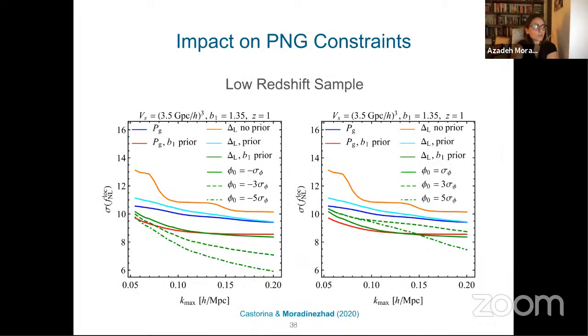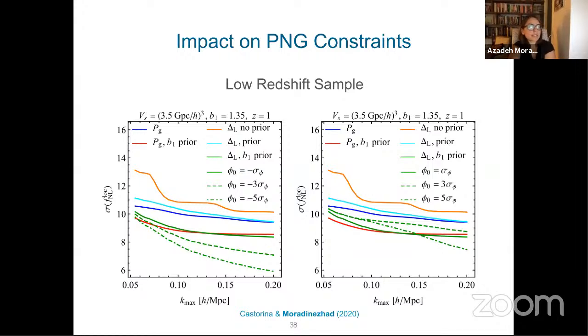Now the improvement is more interesting, I think, for a low redshift sample, because here you can see that if you include the long wavelength mode and impose priors on delta L and also on the bias, you can improve by at most about 30% on the constraints on FNL for the low bias sample.